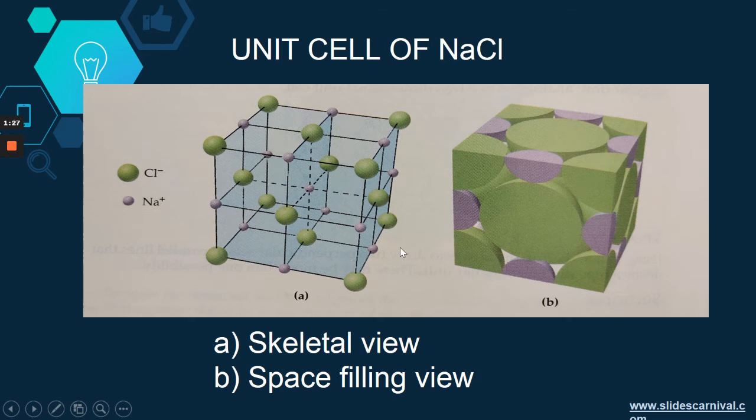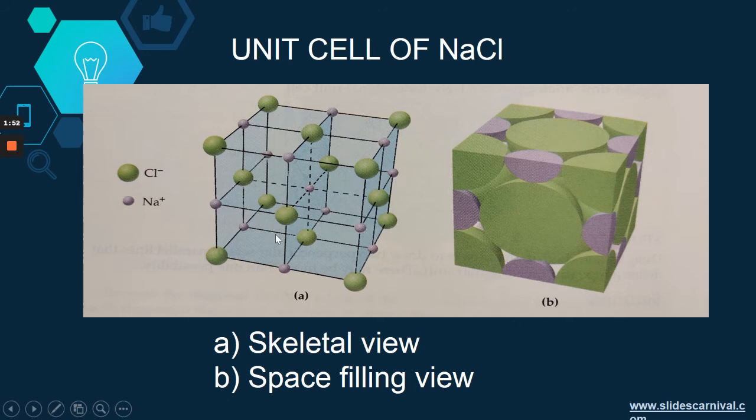As you can see here, this is the unit cell of sodium chloride. In this figure, A is the skeletal view of the unit cell, and B is the space-filling view of the unit cell.